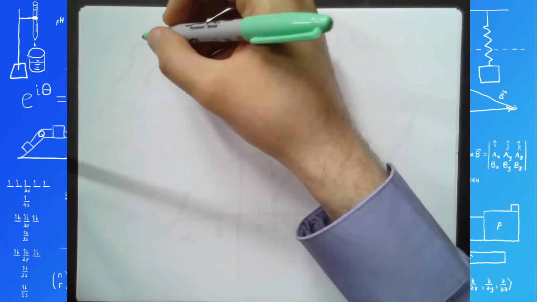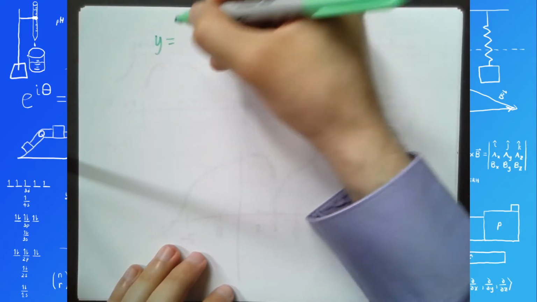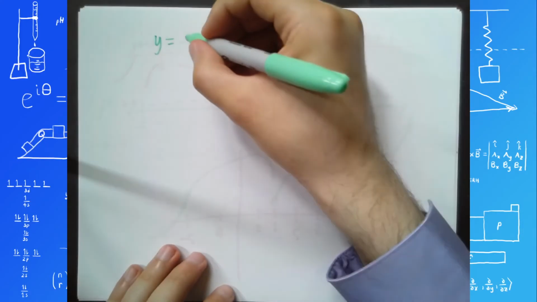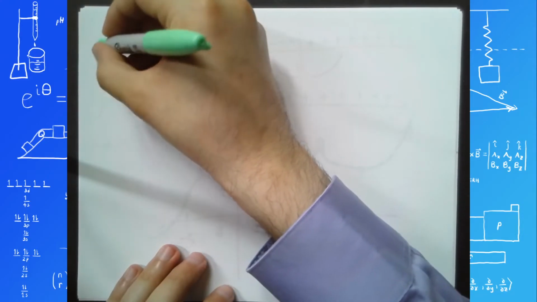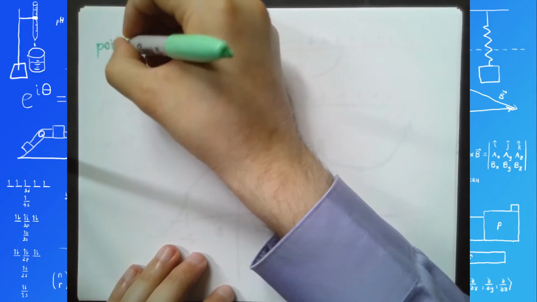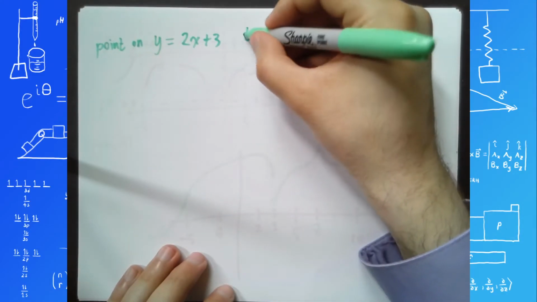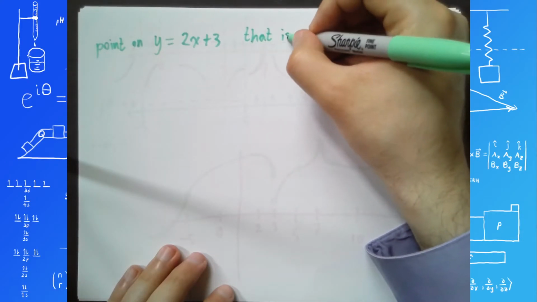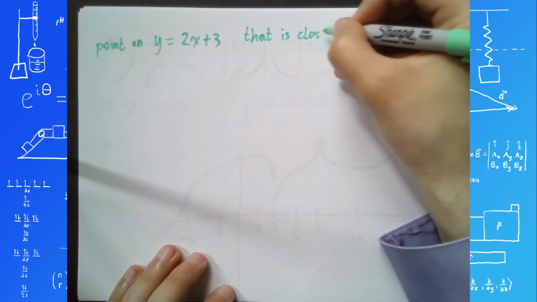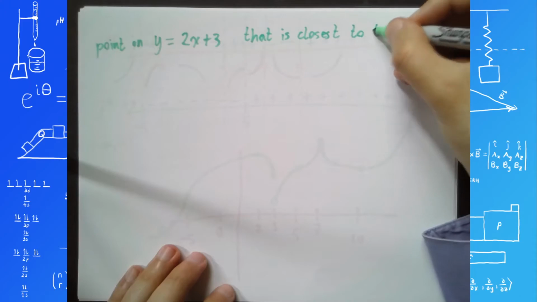So it says, find the point on y equals 2x plus 3 that is closest to the origin.